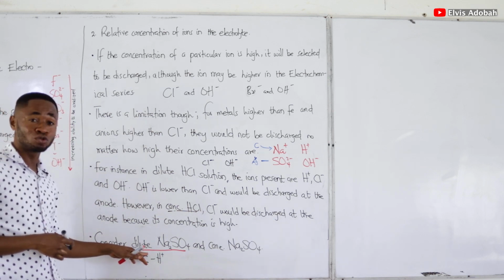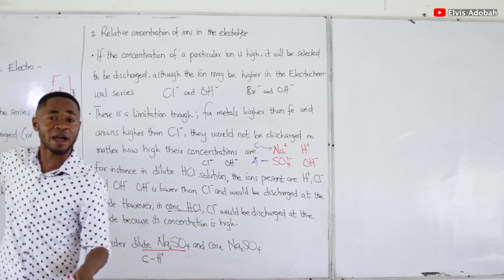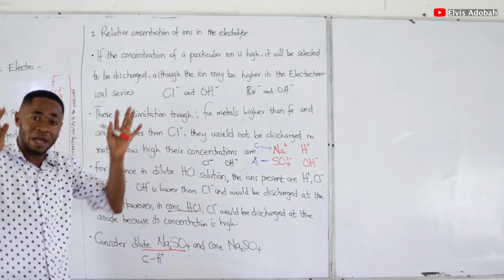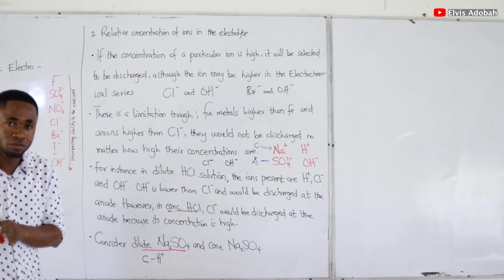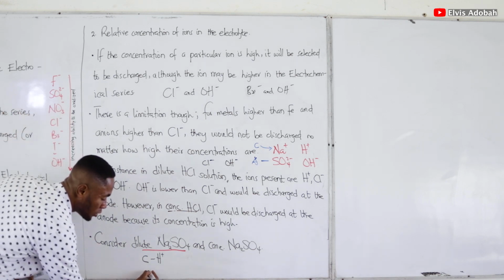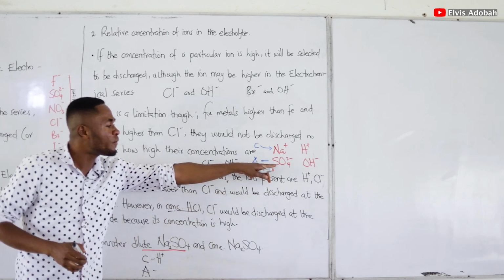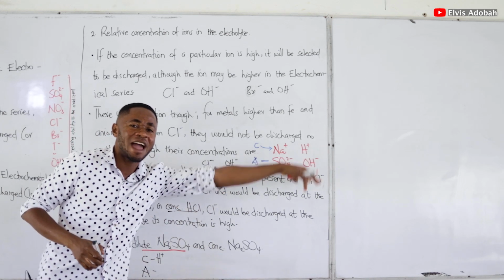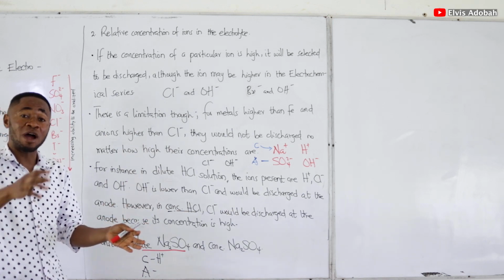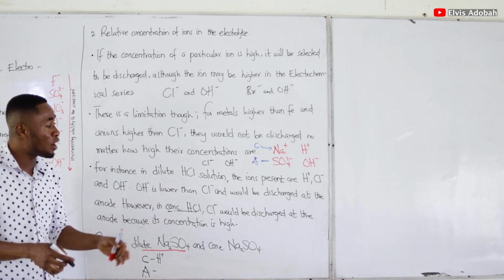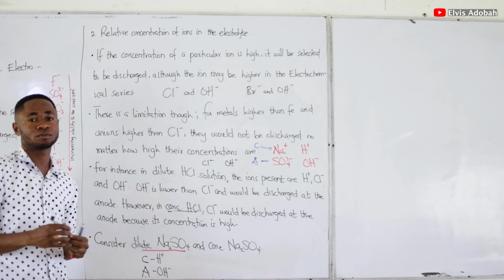Remember, it's dilute. And I've told you, whenever it is dilute, we just use the first factor, the position alone, to determine who will be discharged at the anode and who will be discharged at the cathode. So at the cathode, we have hydrogen ions. At the anode, we have sulfate ions and hydroxyl ions. It is dilute, so the one lower will be discharged. And the one lower over there is the what? Hydroxyl ion.